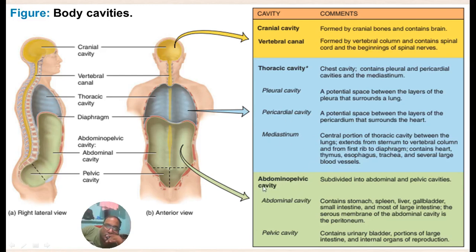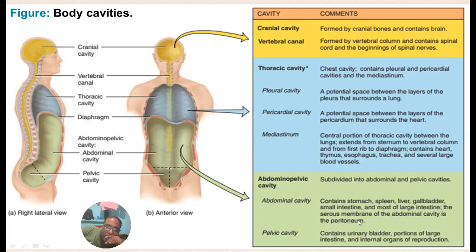The abdominopelvic cavity, as its name indicates, is the abdominal cavity and pelvic region. It is subdivided into abdominal and pelvic cavities. The abdominal cavity contains the stomach, spleen, liver, gallbladder, small intestine, and most of the large intestine. The serous membrane of the abdominal cavity is the peritoneum.